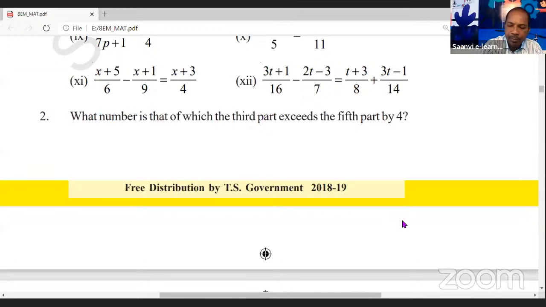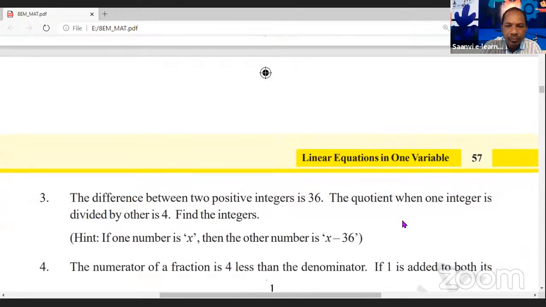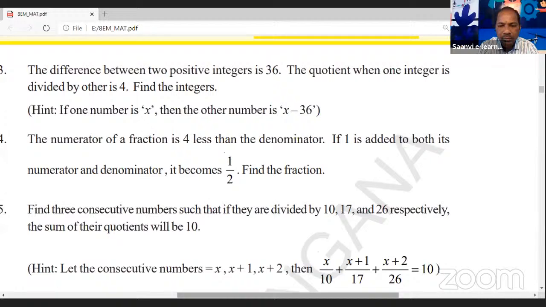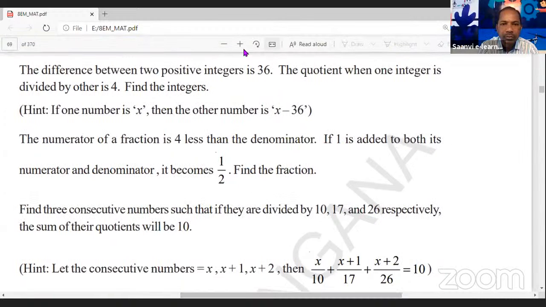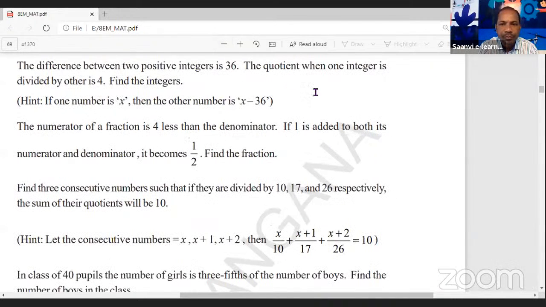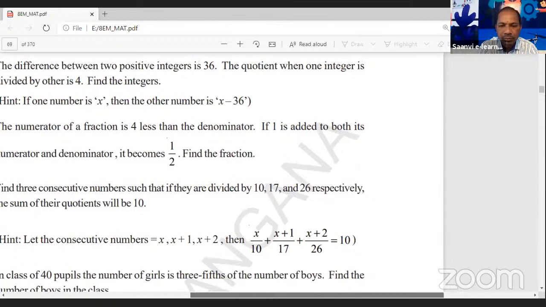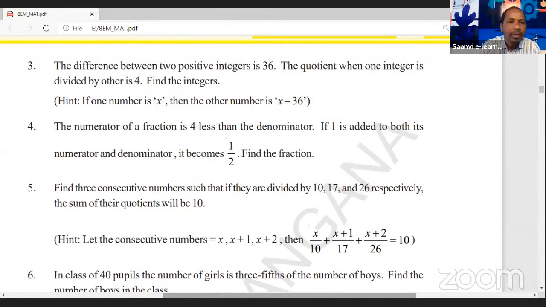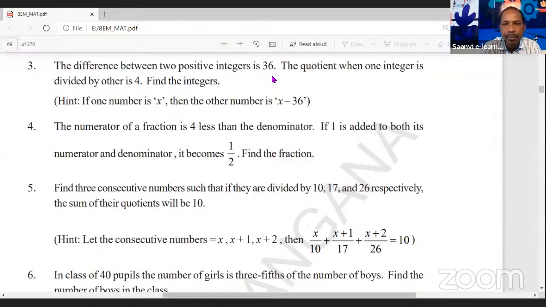Okay, now see the third problem. It is given that the difference between two positive integers is 36.